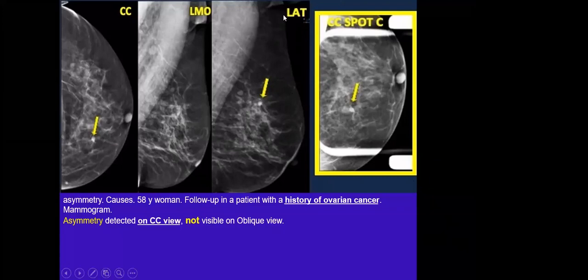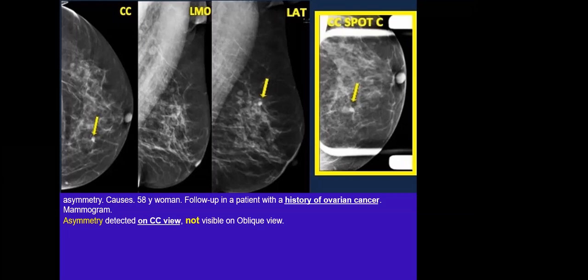It is written here, but I'm trying to pick the difference. It's written lateral. When they say lateral, not mediolateral oblique, just lateral.